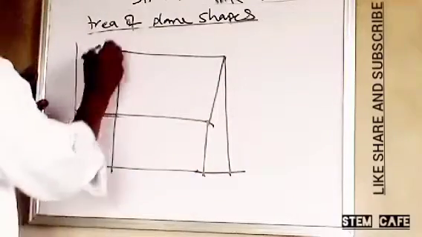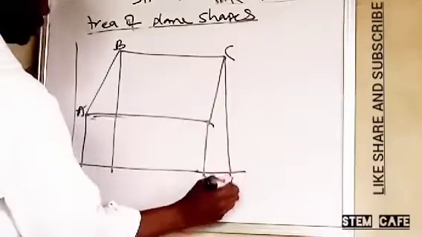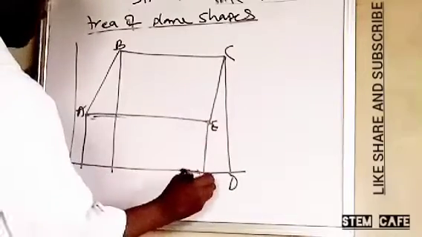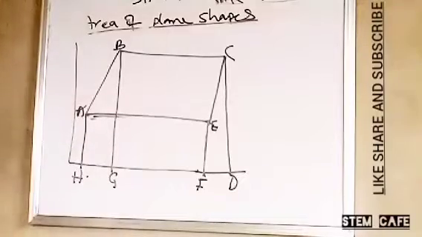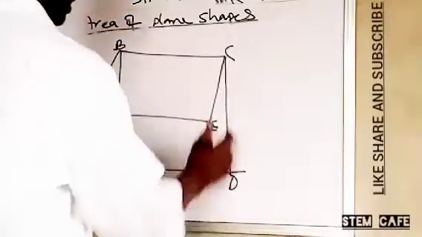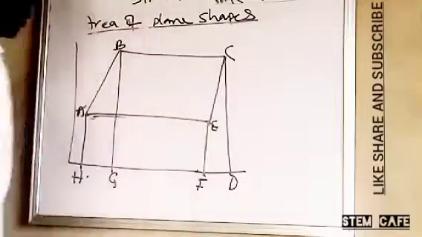Let's say A, B, C, D, E, F, G, H. Just looking at this merely, you can see we have a trapezium here, we have a triangle, let me see, you have a trapezium here as well.